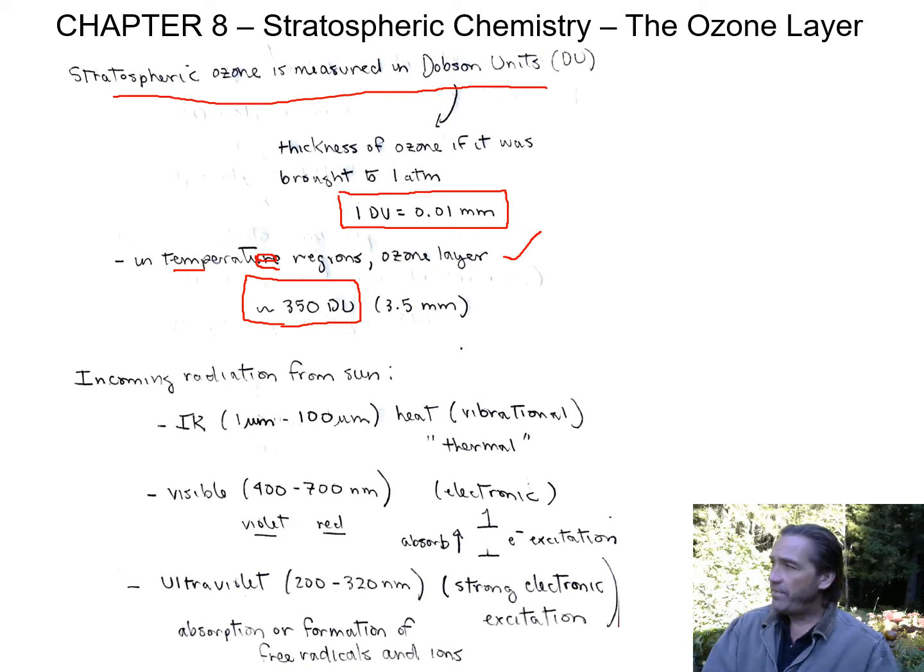I believe on the equator, it's more like 250, and at the poles, in a healthy condition, it's at about 450.